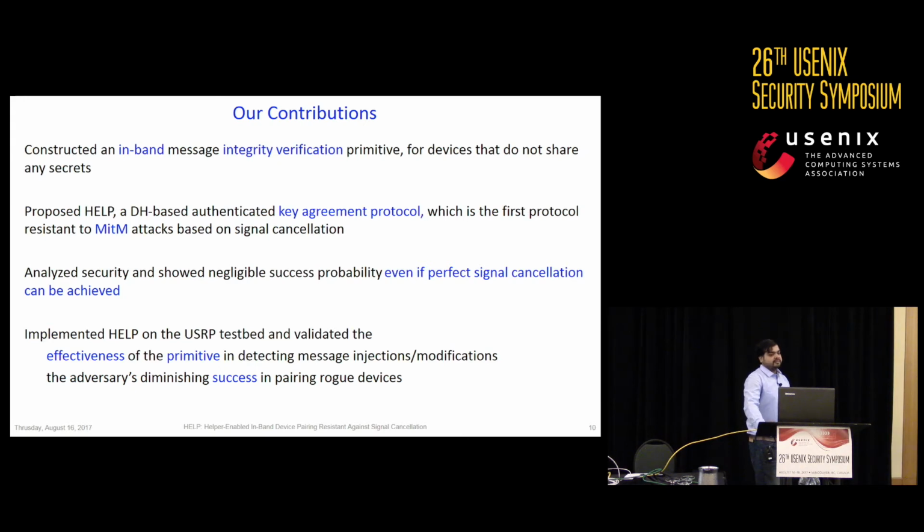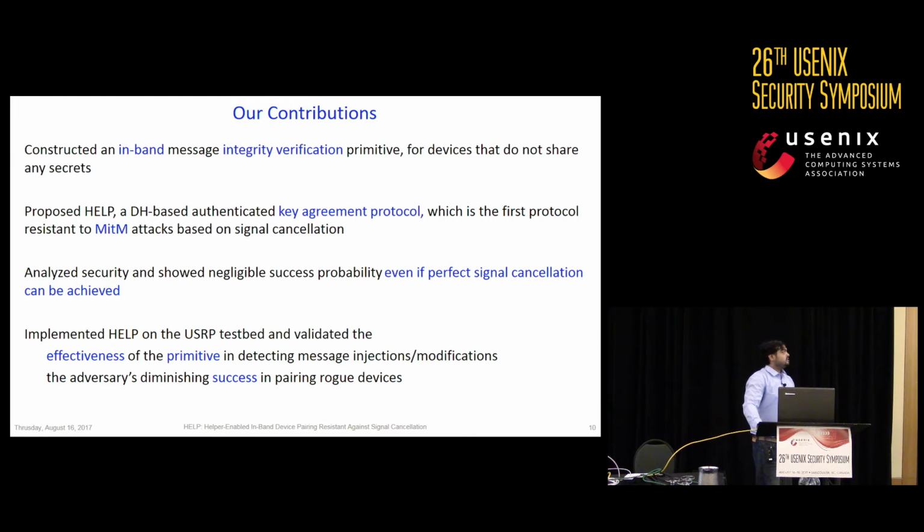So our contribution in this work is that we construct an in-band message integrity verification primitive for devices that do not share any secrets, and then we use this primitive to complement the Diffie-Hellman key agreement protocol, and we propose HELP, which is the first protocol resistant to man-in-the-middle attacks based on signal cancellation.